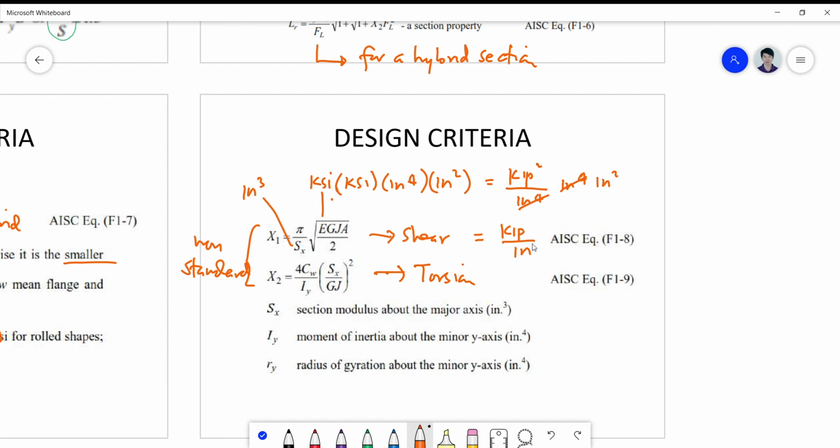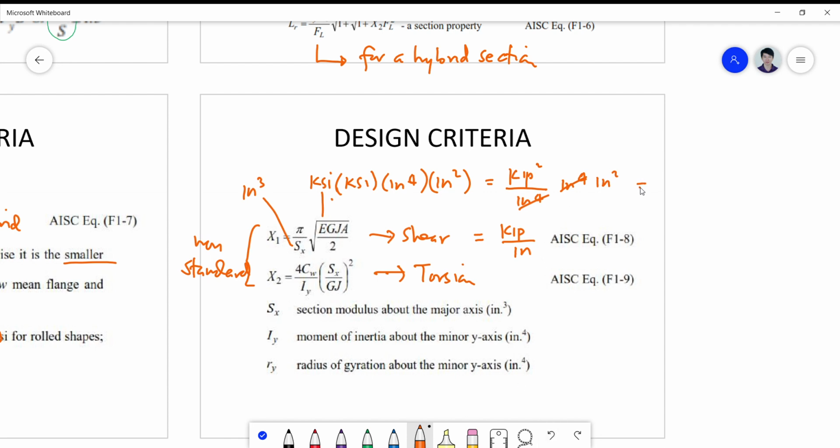Squared, I think it's KSI. Kasi na square root pala to, no? This is inch squared, squared is kip inch. Okay, so kip per inch. So kip inch, sorry.